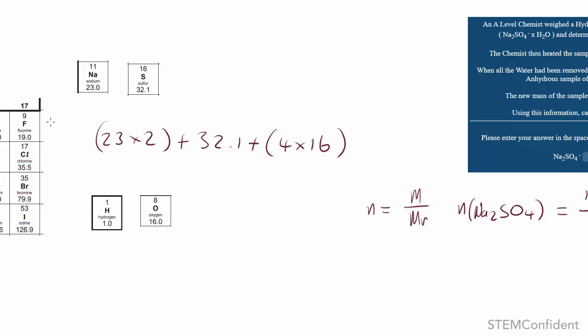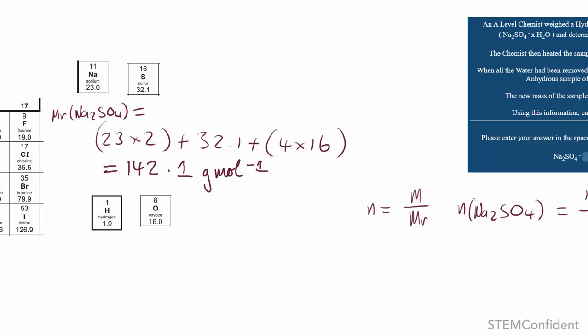And this is for the MR of Na₂SO₄, right? So it's going to be equal to this. And if you do work that out, you should find that that comes to 142.1, and that's going to be in grams per mole.